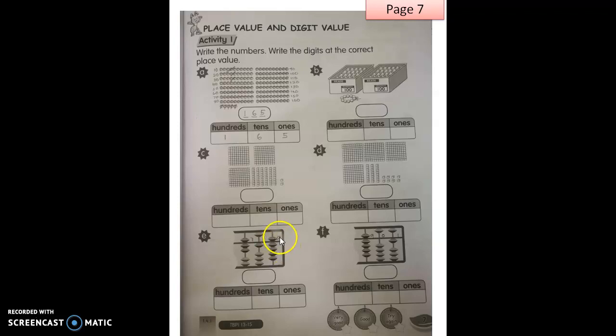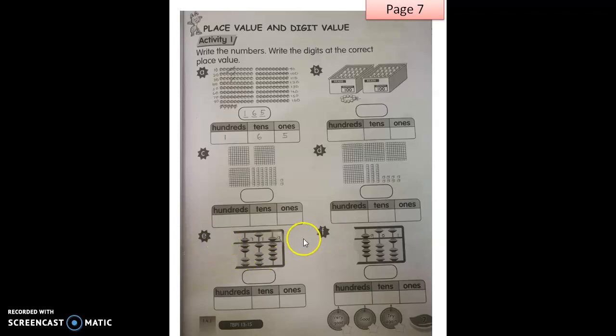Right here, 9. 1. Right here, 1. 5, 6, 7. Right here, 7. So, 719. 7, 1, 9.